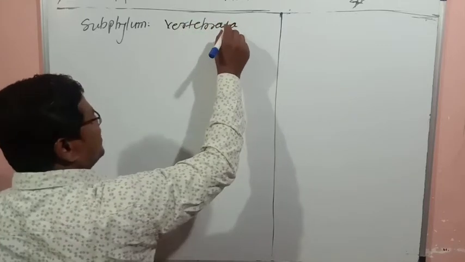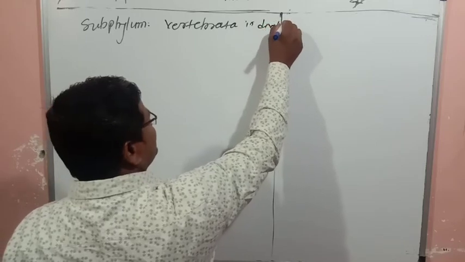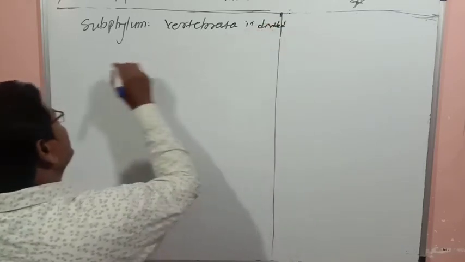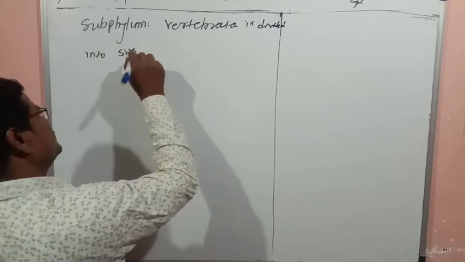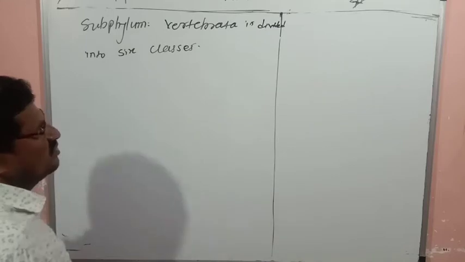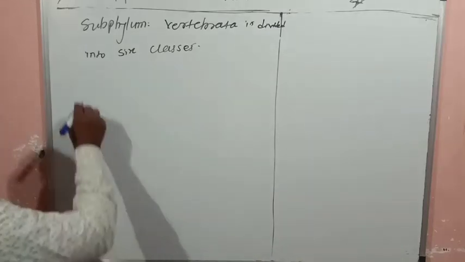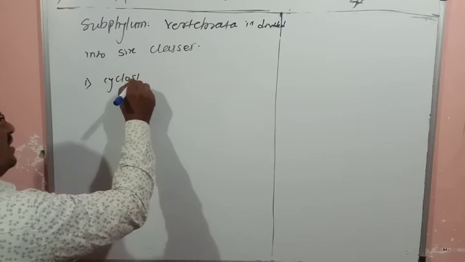Subphylum Vertebrata is divided into 6 classes. Which are those 6 classes? First one is Cyclostomata.